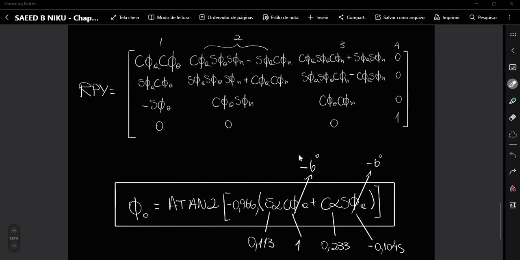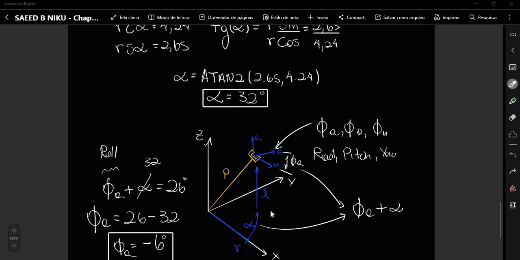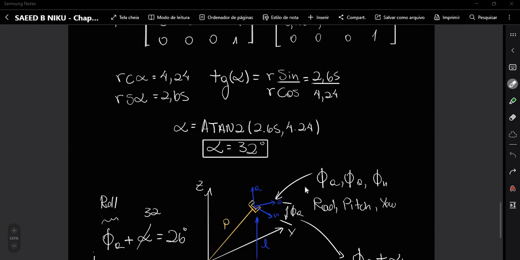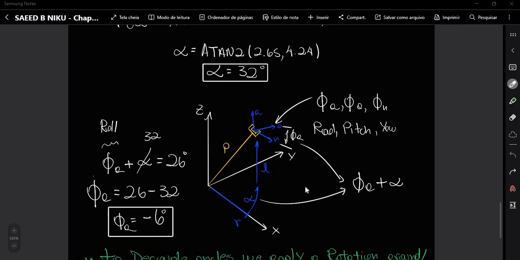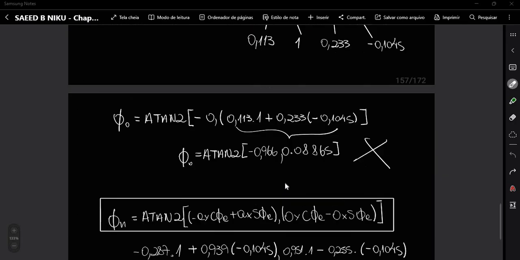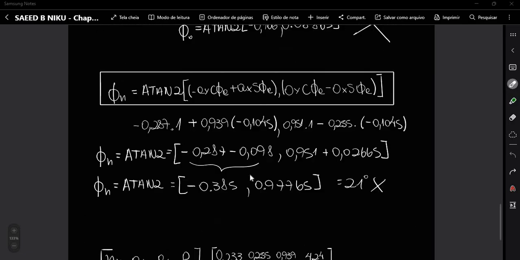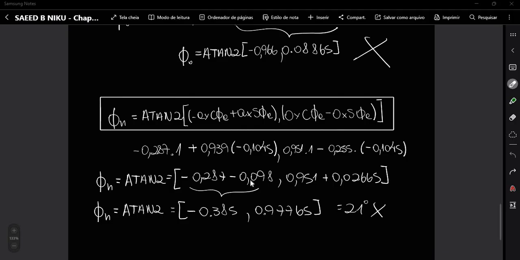But something I should have done in solving this example was to find the solutions for these angles using the cylindrical coordinate system. I will show you how we can do this, because as you can see, we are using the solutions for the angles with the Cartesian coordinate system.